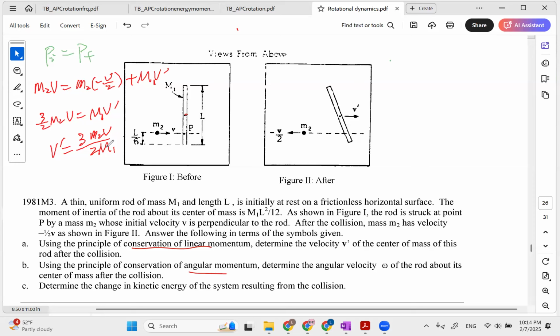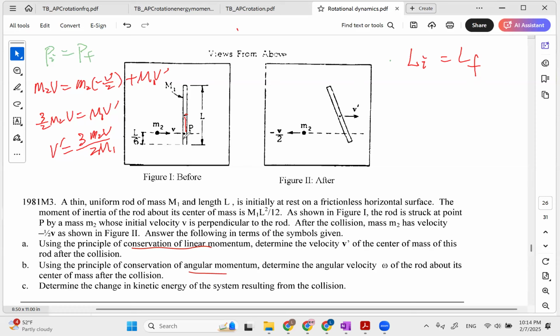Now, how do you set up angular momentum conservation? Angular momentum right now, initially M2, right? So remember, this is a point mass, right? What equation do you use to find the angular momentum? R P sine theta or I omega?